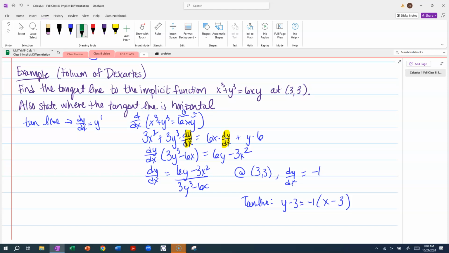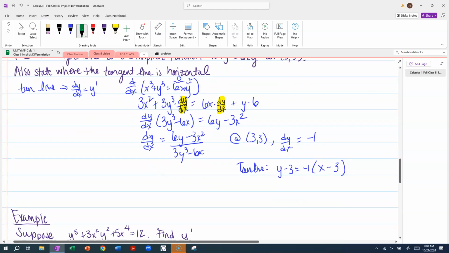Because then it says where is the tangent line horizontal, right? So for the tangent line to be horizontal, that would mean that the slope y prime is equal to 0, right? So then I just have to set that equal to 6y minus 3x squared over 3y cubed minus 6x. And really the denominator doesn't do anything.